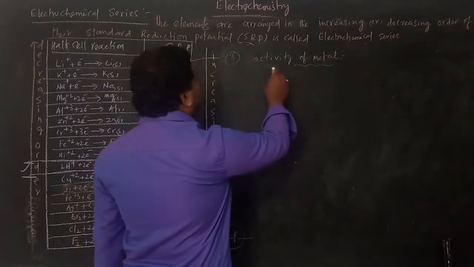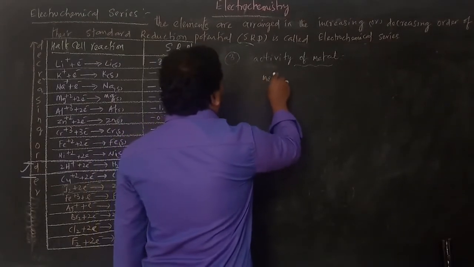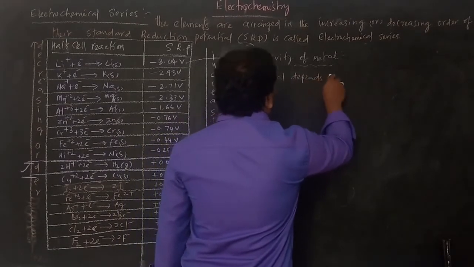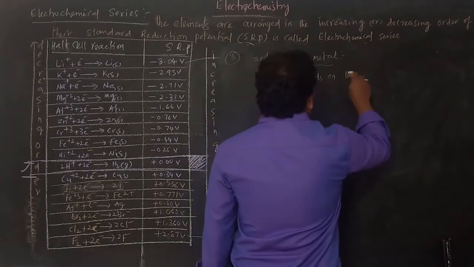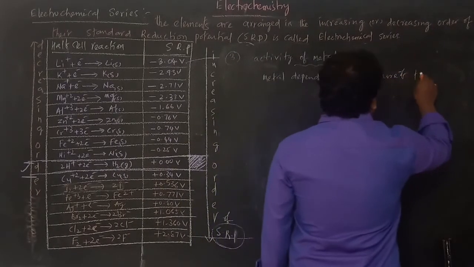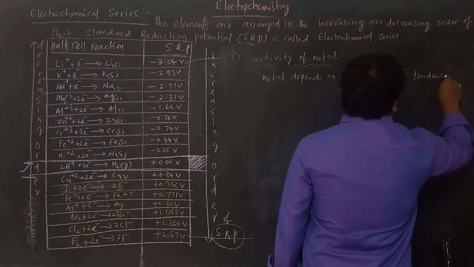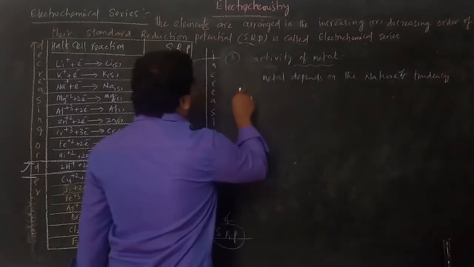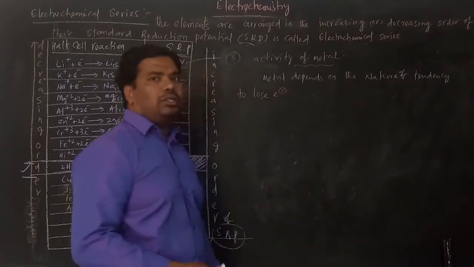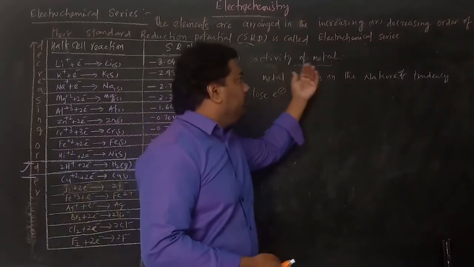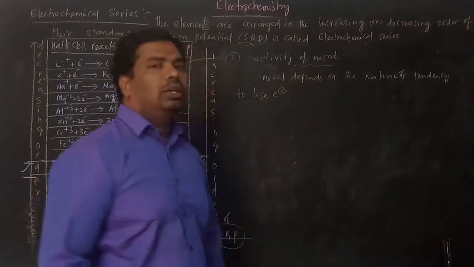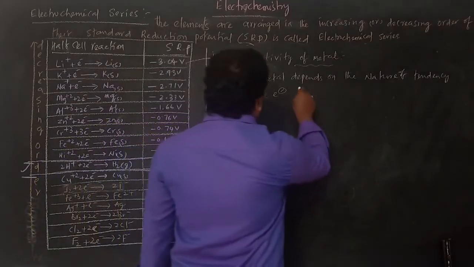This question was asked: the activity of a metal depends on the tendency to lose electrons to form cations.